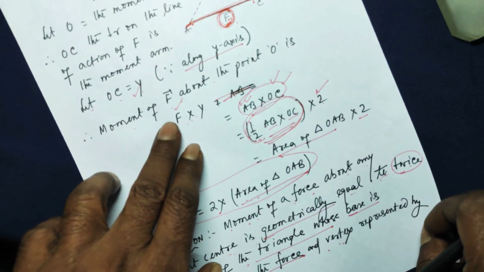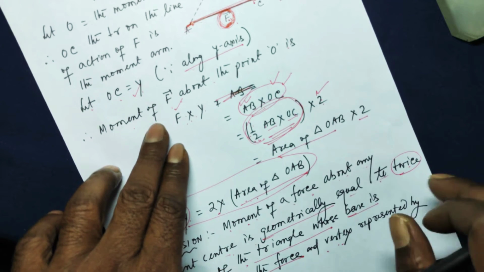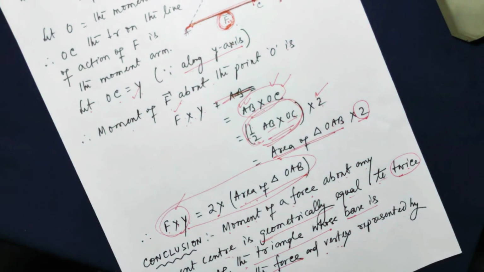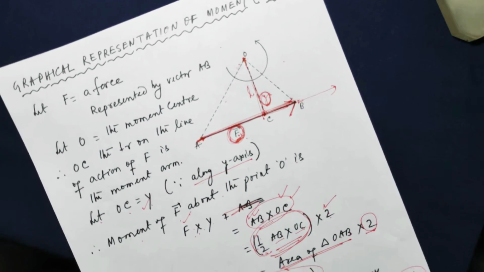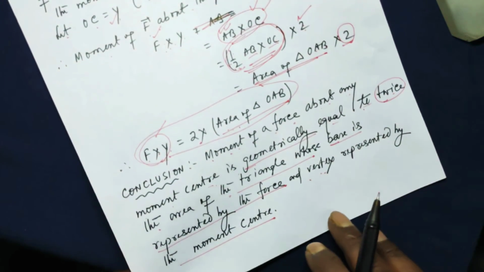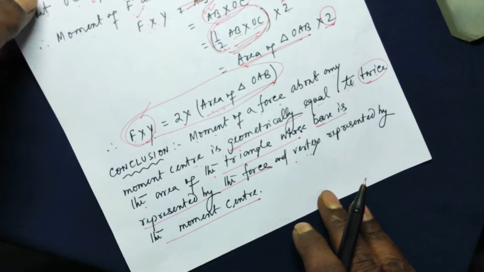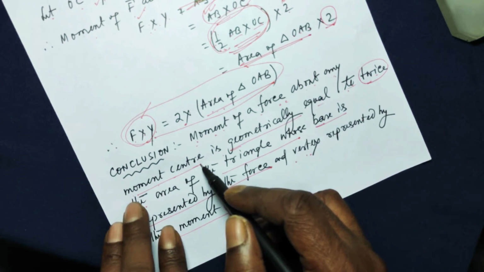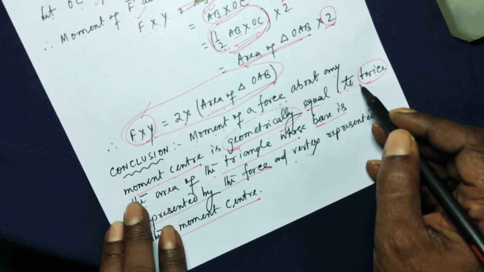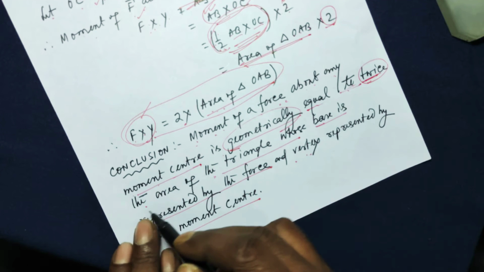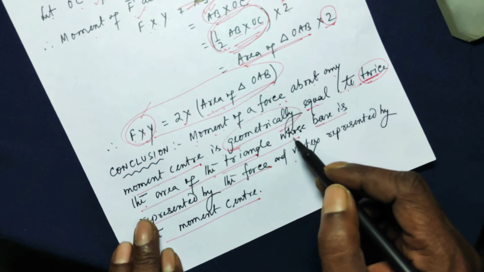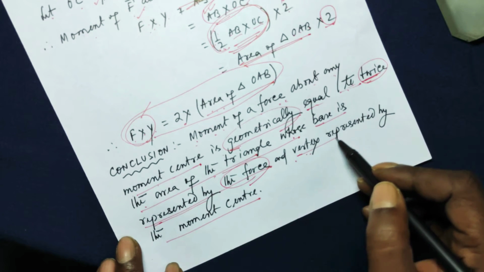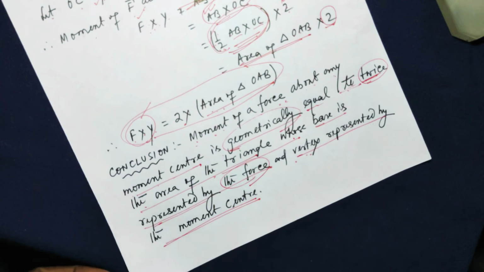So the moment of the force F about the point O in this particular case is twice the area of the triangle OAB. Twice the area of the triangle OAB. So what is the conclusion? The conclusion runs like this. Moment of a force about any moment center is geometrically equal to twice the area of the triangle where the base is represented by the force and the vertex is represented by the moment center.